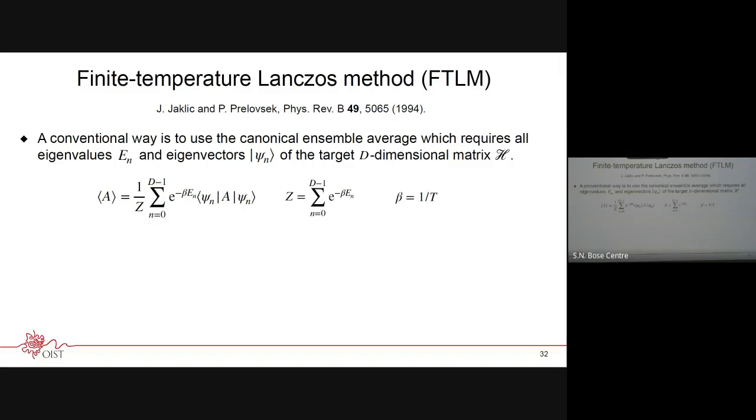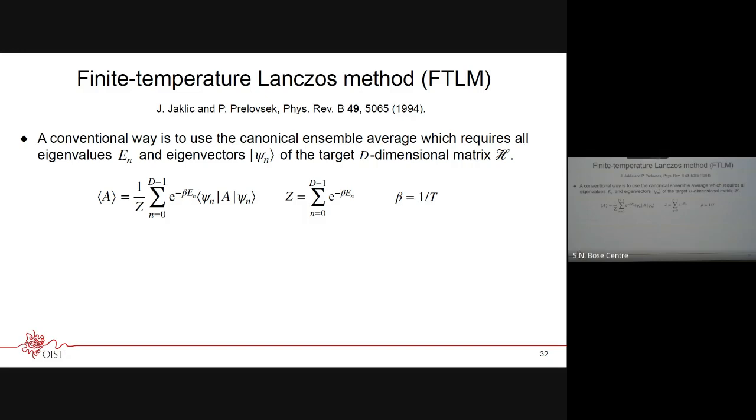Let's see first the fundamental stuff about the canonical ensemble. To estimate the thermal equilibrium states at finite temperature, we should get all the eigenvectors and the corresponding eigenvalues of the Hamiltonian matrix H. So we should use this equation.